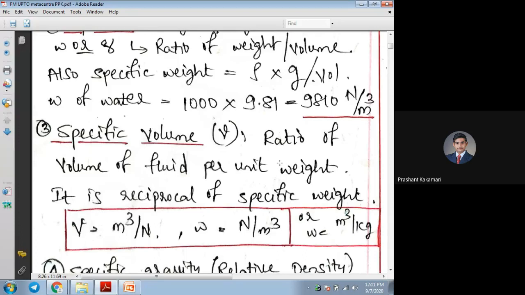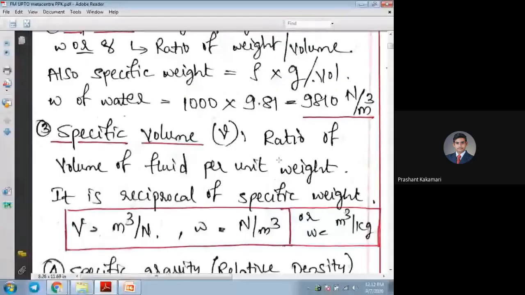The meaning is, per Newton, how much volume is occupied, or per unit volume, how much weight is acting in Newtons. So that reciprocal, if I take, will become small v equal to meter cube per Newton. And here I have also written the specific weight, Newton per meter cube, that we have discussed.